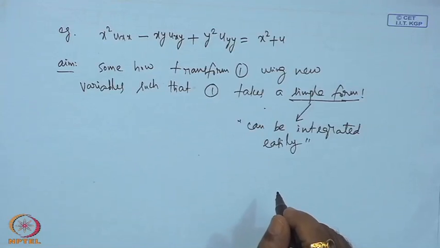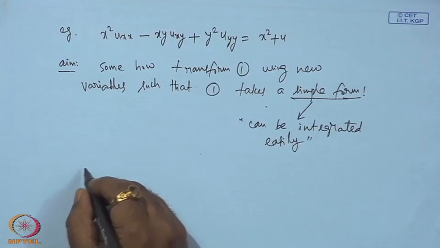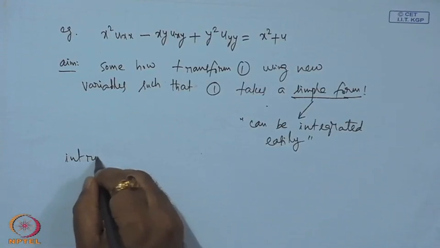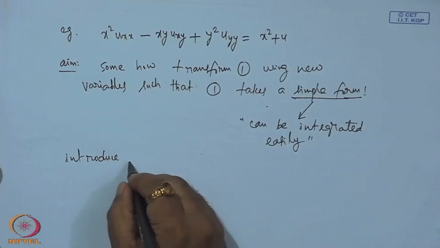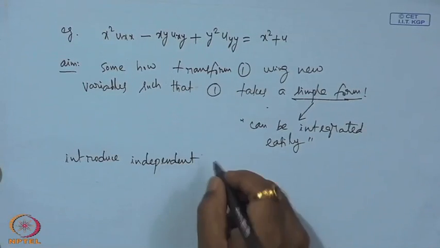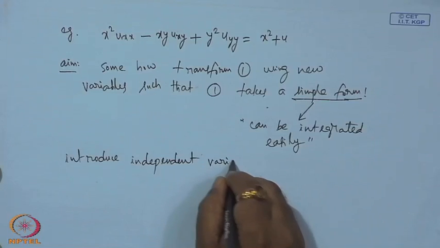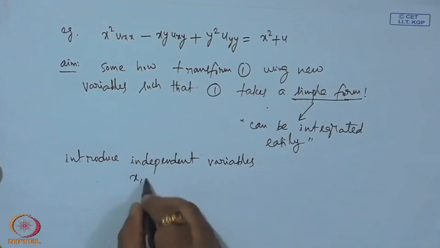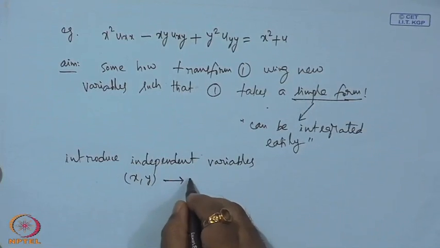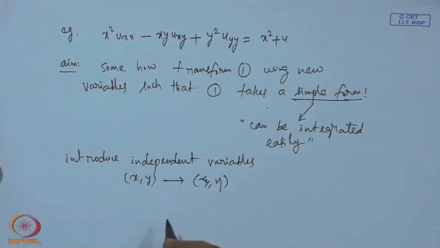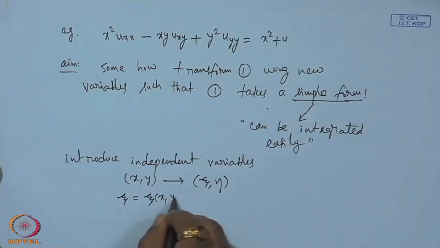Let us try to introduce new independent variables, x, y to zeta, eta, such that zeta is a function of x, y.